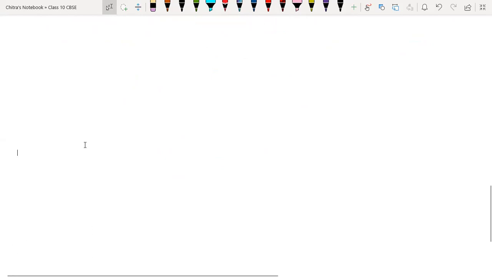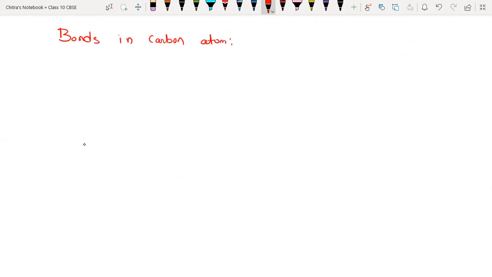Okay. So now we are going to discuss the bonds in carbon atom. We already went through that carbon has symbol C, its atomic number is 6 and atomic mass is 12, and its electronic configuration is 2 and 4.